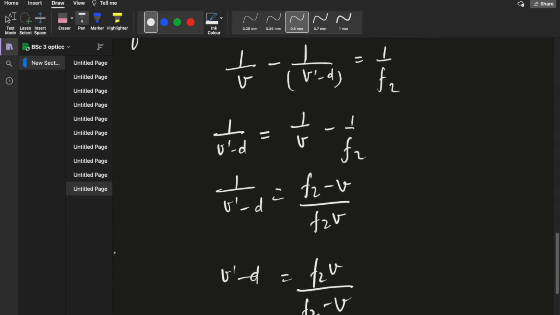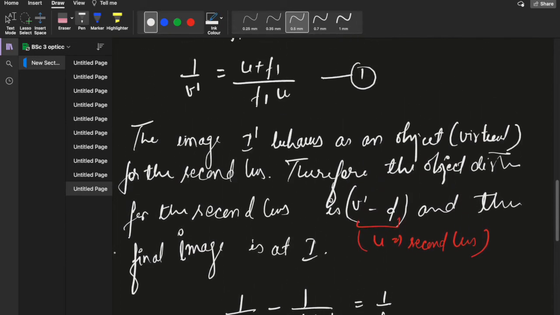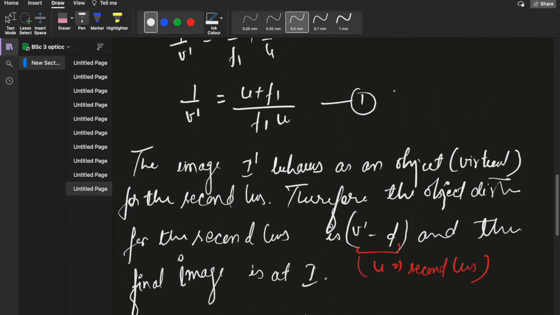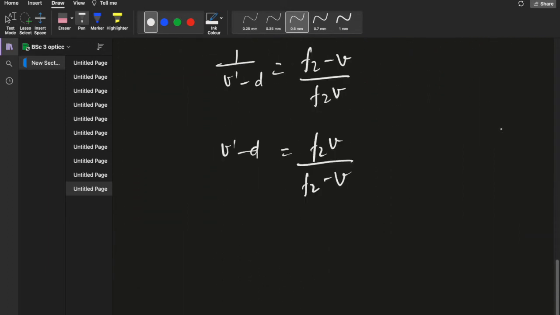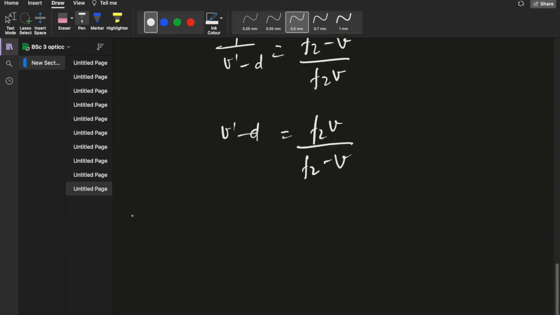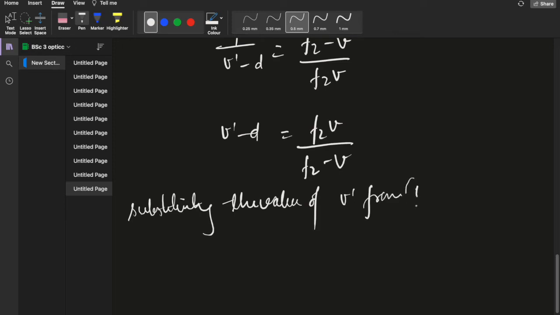Now from equation 1, we can calculate V dash. V dash is our 1 upon U plus F1. Now substitute this value here, substituting the value of V dash from equation number 1.